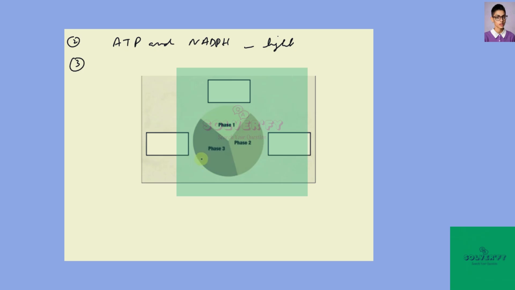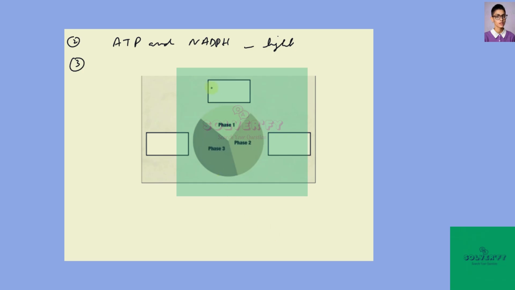In the third question, we have been given a diagram of the Calvin cycle which shows different phases, phase 1, phase 2 and phase 3, and we have to name these phases of the Calvin cycle.